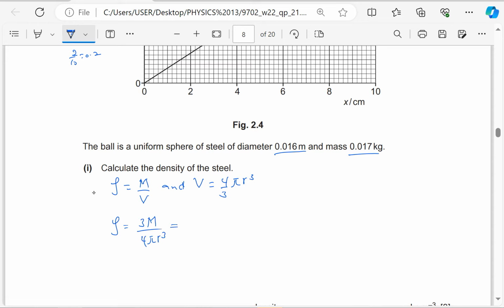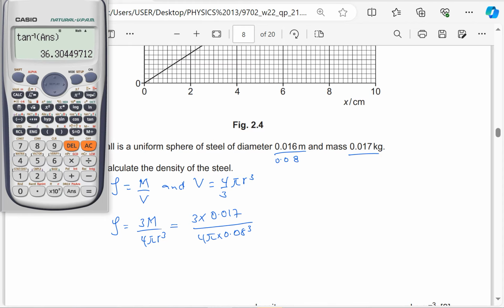So I will just substitute 3 times the mass, which is 0.017, divided by 4 pi times, they gave us the diameter, you can just change this to radius. Radius is going to be 0.08, so times 0.08 cubed.